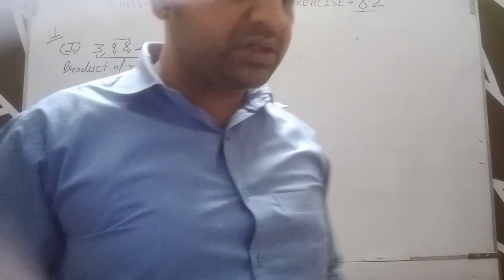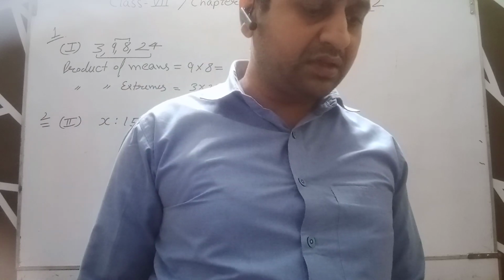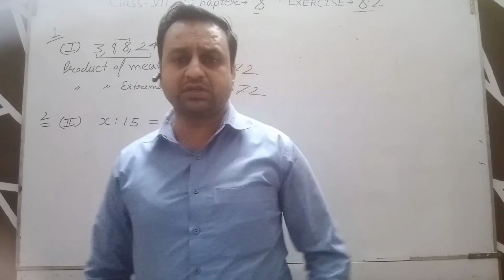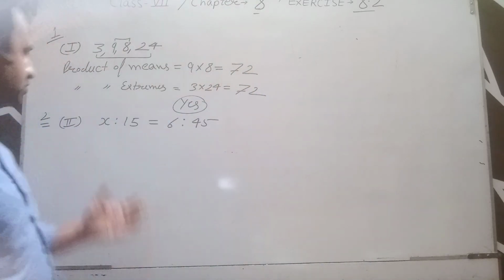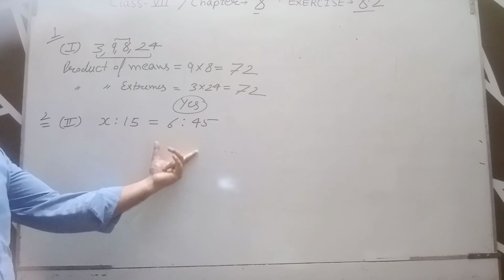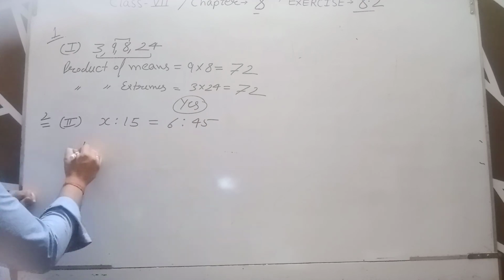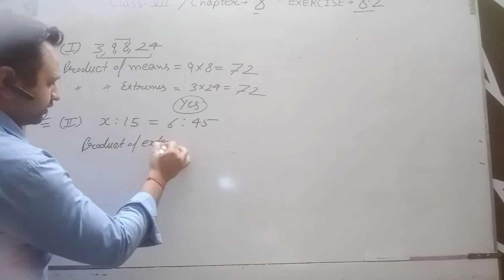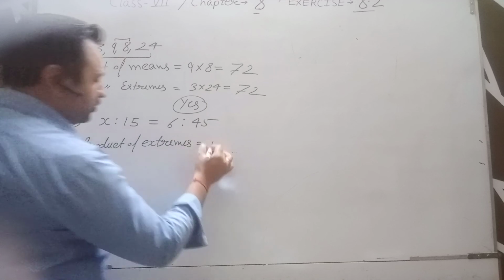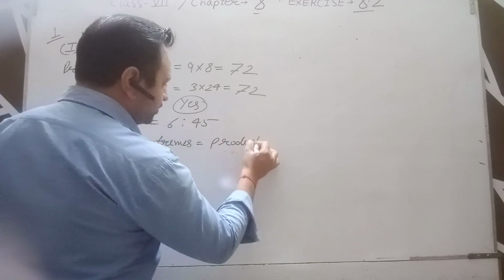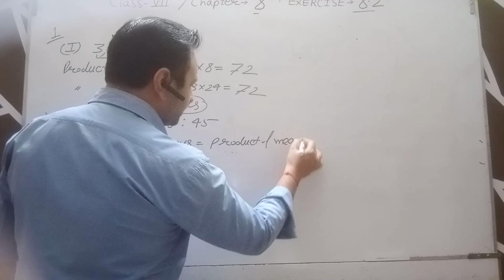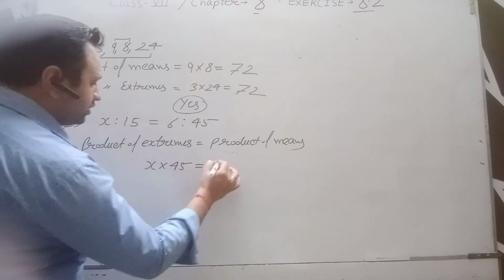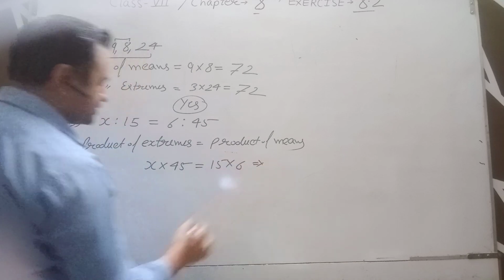In the second question, we have to find the value of x, and in this question it is given that these 2 ratios are equal, that is, a proportion is given. Because these 2 ratios are equal, the product of extremes is equal to the product of means. It means x multiplied by 45 is equal to 15 multiplied by 6.